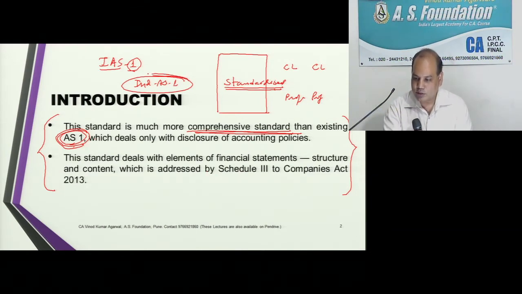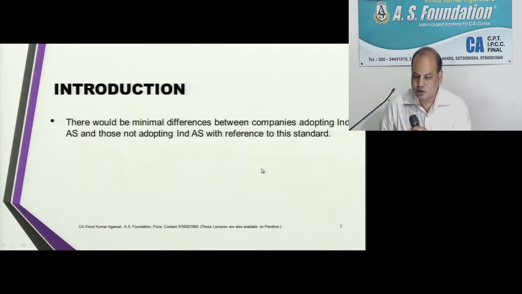So if you want to compare Ind AS1 with some existing literature, then the closest thing that you can compare it with is the Schedule 3 of the Companies Act. In fact, Schedule 3 was also drafted on line of IAS1 only, so that the balance sheet, P&L account of Indian companies are similar to the financial statement of foreign companies.